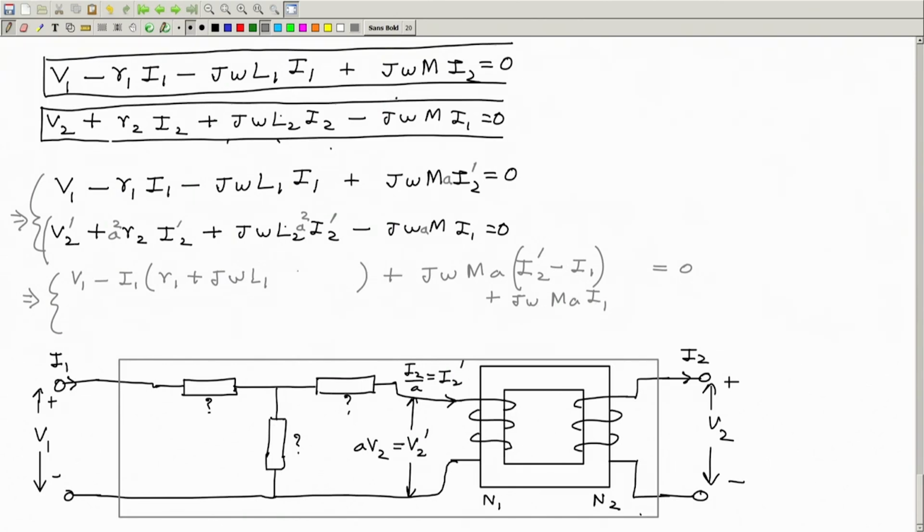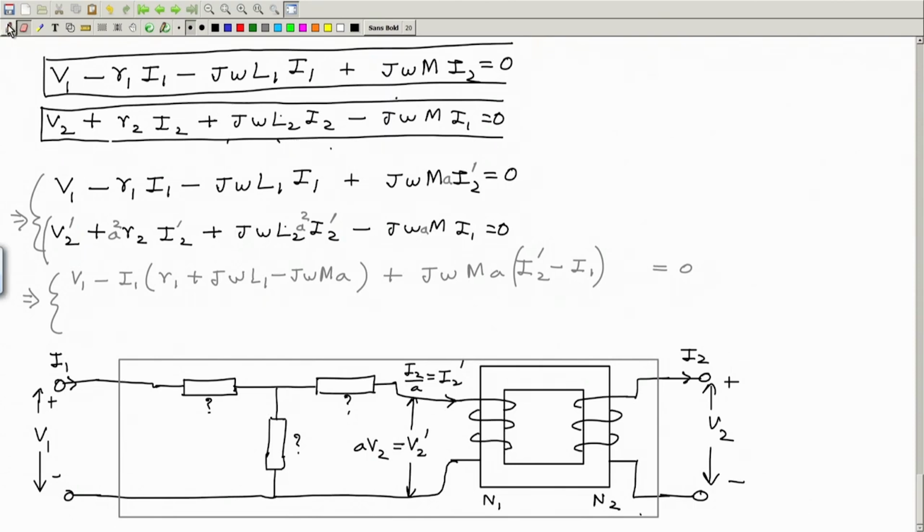Now actually I can put this inside. That's why I kept this place blank. So now I put it here. This will become minus j omega m a I1. You may think I'm doing some complicated things, doing some magic. No, actually. I know what I want to do finally. I want to finally write two KVL equations in terms of these two voltages and these two currents.